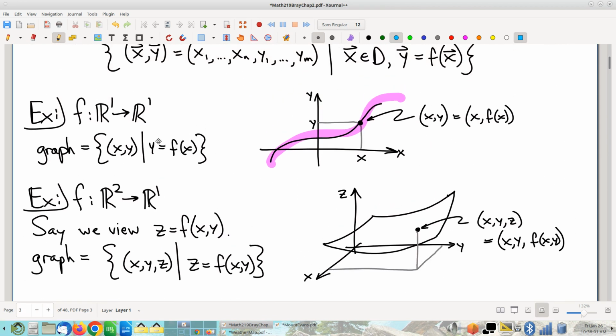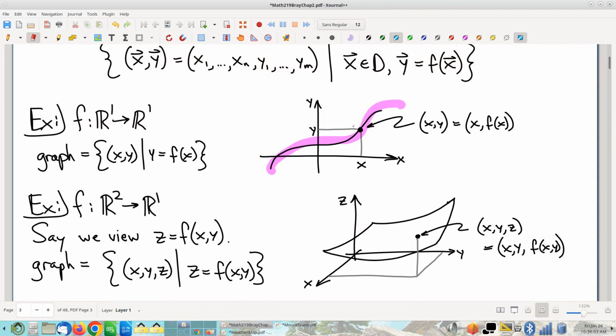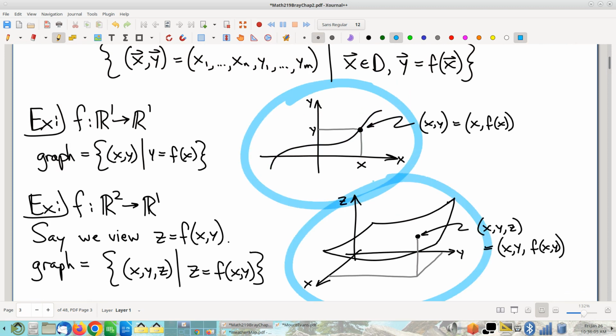We like these kinds of pictures. We like that because I can see a shape, right? That we have a lot of developed instincts about, what geometric features of the shape tell us about the algebraic features of the function it's representing. So positive slope, right? That's a geometric thing. Tells us about the derivative of that function. That's an algebraic thing. Right?